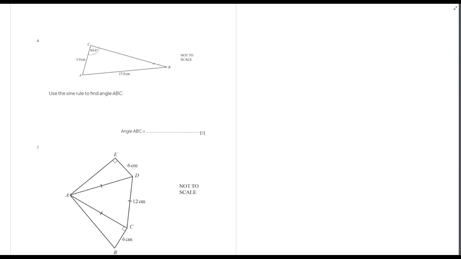So if I write this angle as x, by sine rule, sine x divided by 5.9 is equal to sine 84.6 divided by 17.8.